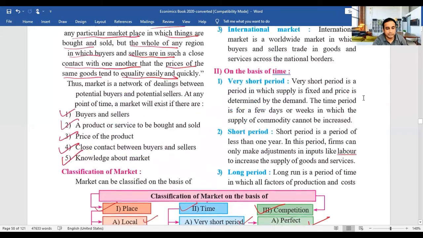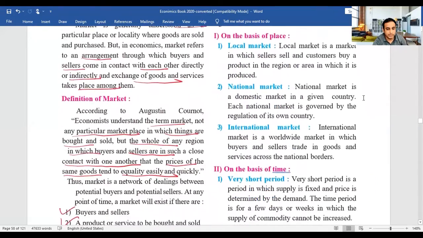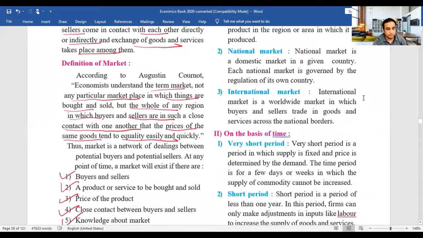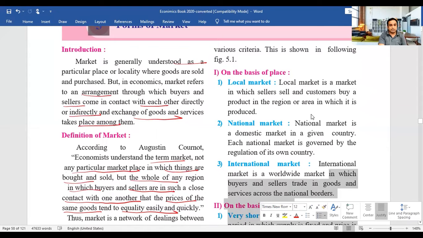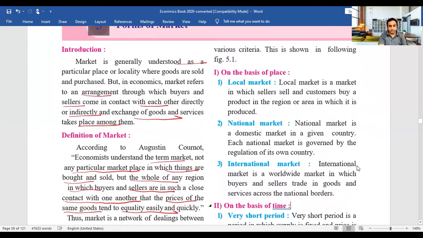Now if we take a quick look at the classification of market, we will get to know that on the basis of place, market can be local market where goods will be sold in a particular area. It could be national market where the entire national boundaries are considered, or it could be the international market where product is made available worldwide.